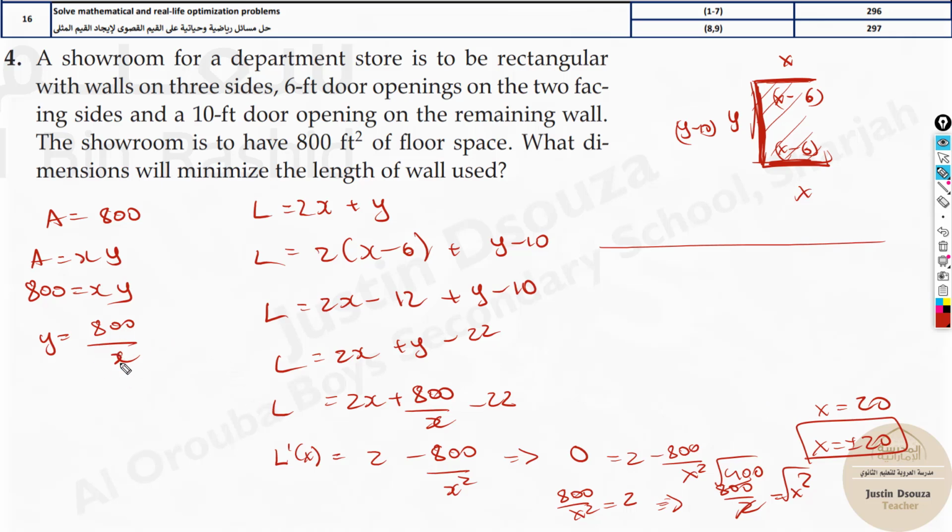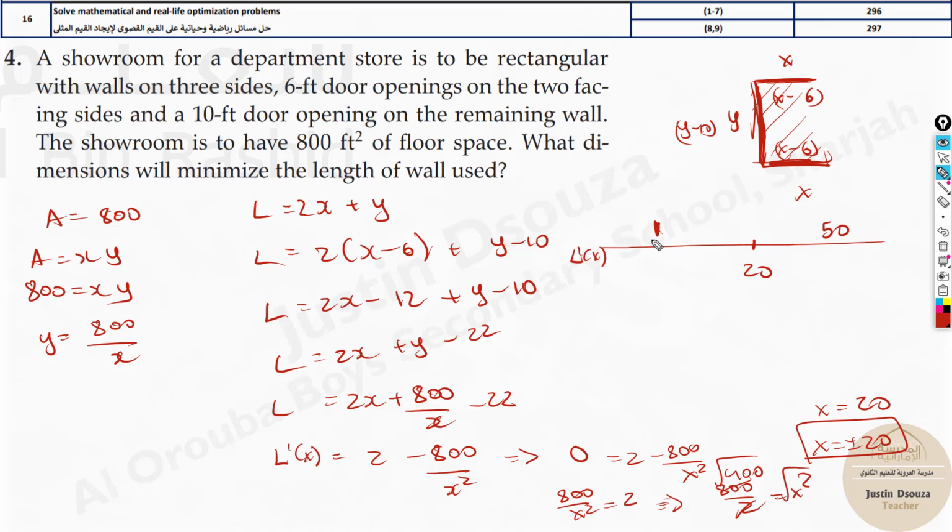Remember, x cannot be 0 because it will be undefined over there. It should be a positive number, greater than 0. So here it is 20, take a value less than 20, that can be 1, and over here it can be anything like 50. And now this is L dash of x. Do the same first derivative test and check. Where is the derived?